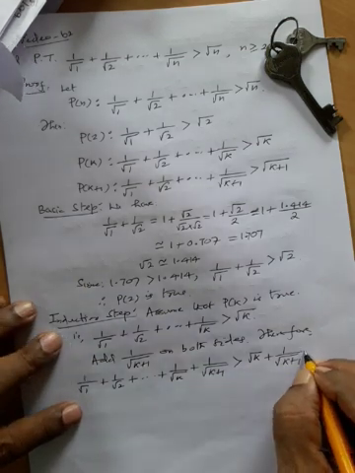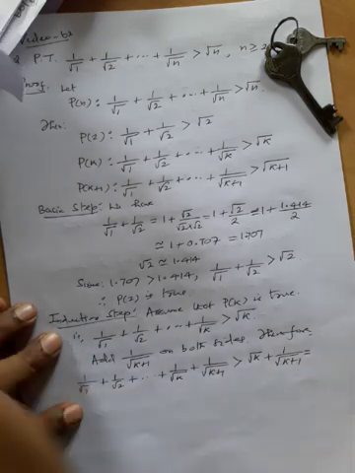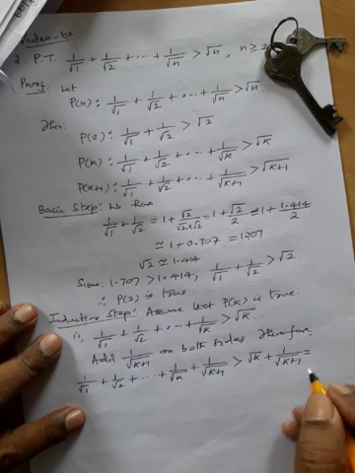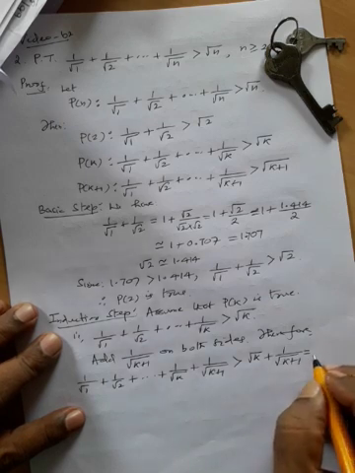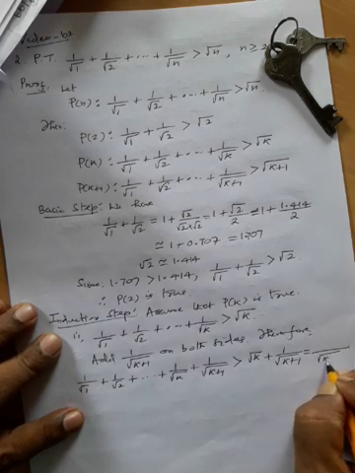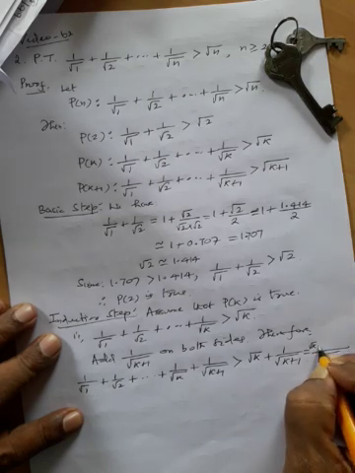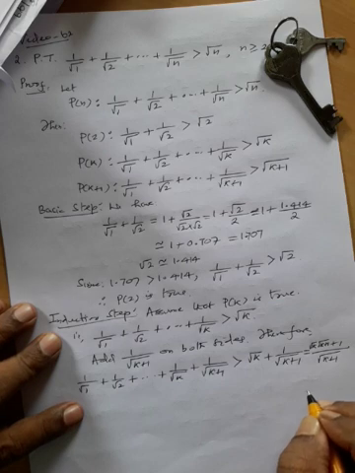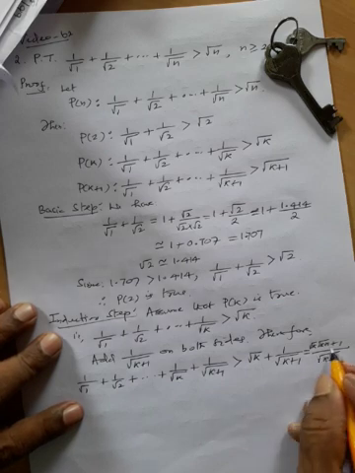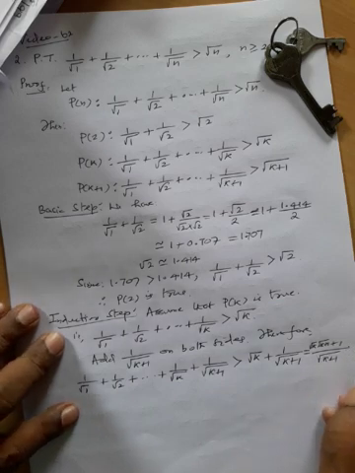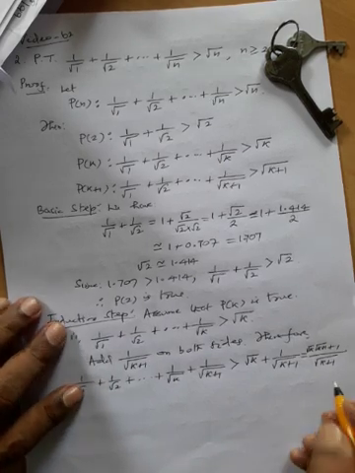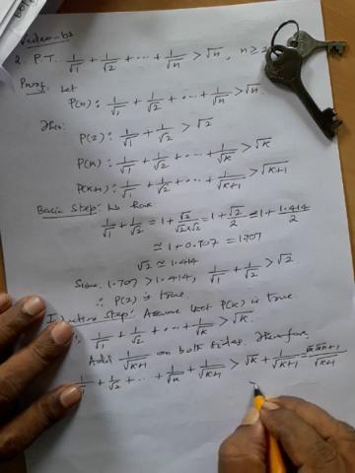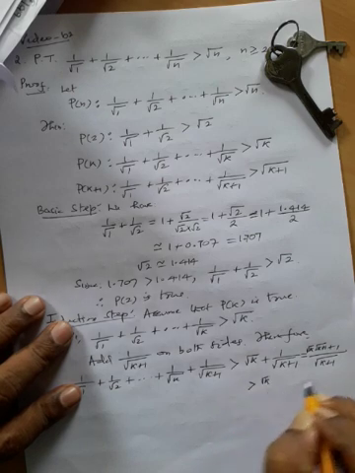So this is equal to, taking the LCM, (√k·√(k+1) + 1)/√(k+1). This quantity is greater than √k.